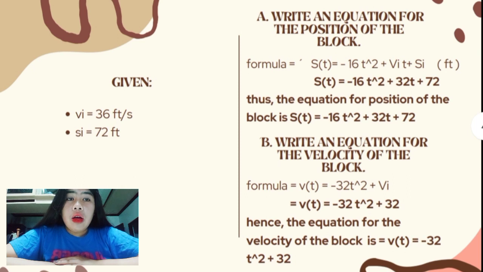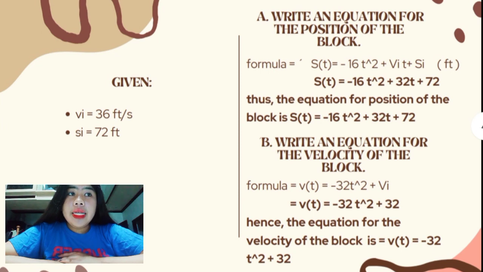So the answer in letter A is position is equal to negative 16t squared plus 32t plus 72. While in letter B, the formula is velocity is equal to negative 32t plus initial velocity. And the answer is negative 32t plus 32.